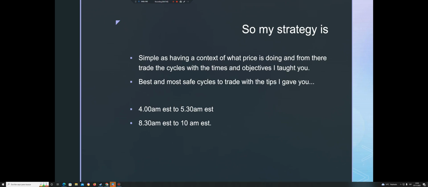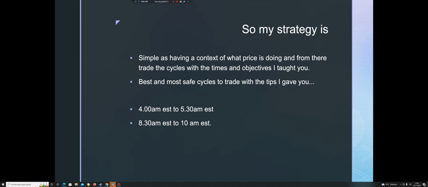Why? Because I've been trading all the cycles, and these two cycles are the ones I had a lot more success with. So if you want to start trading them with the tips I gave you, these are the two cycles I'm going to recommend.